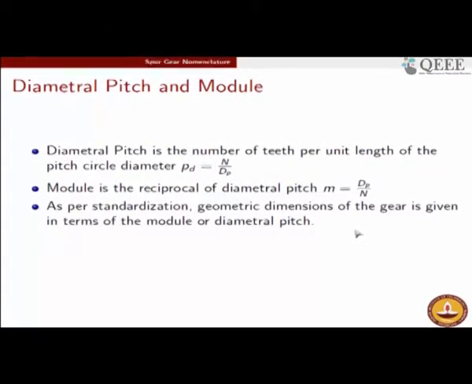I will show some of those conventions to you possibly in the next class, but the crucial point at this stage to take home is that these three concepts, module, diametral pitch and circular pitch, are all interrelated, and it will turn out that all these other parameters like addendum, dedendum, tooth thickness, all of these will be referenced with respect to these quantities. Okay.